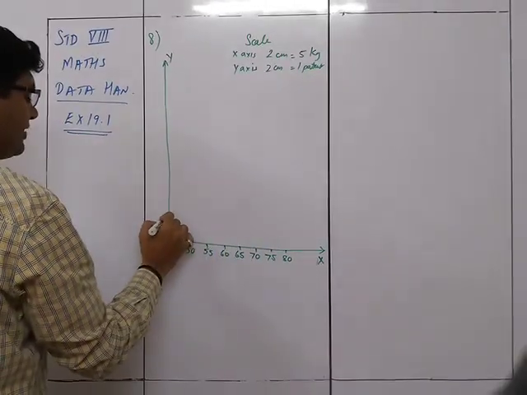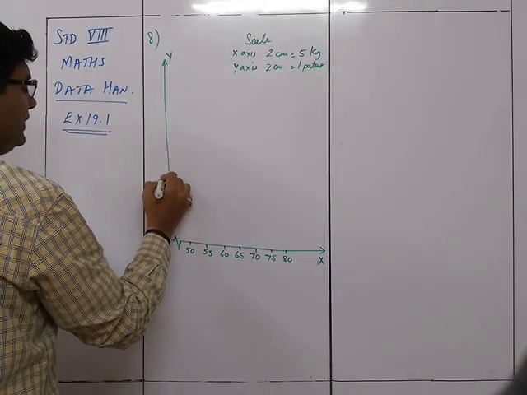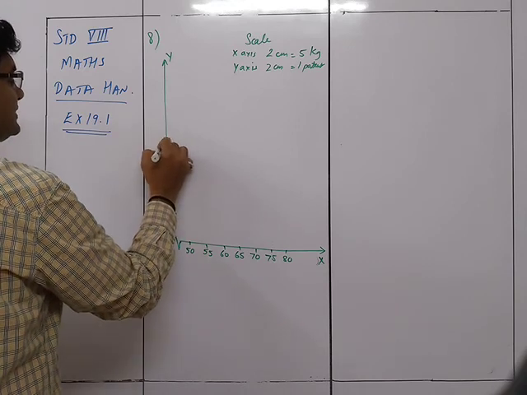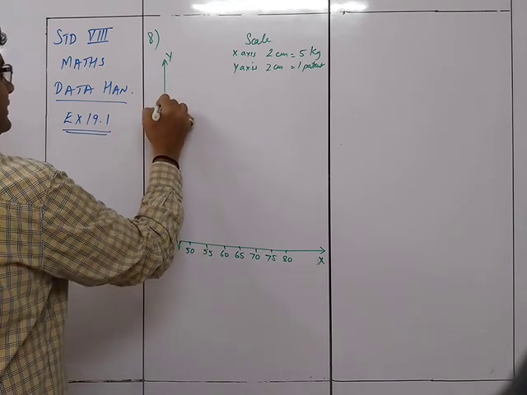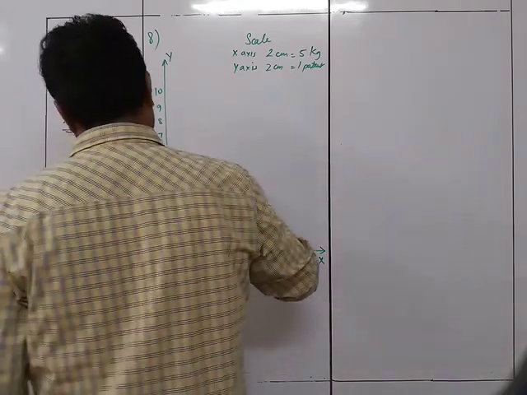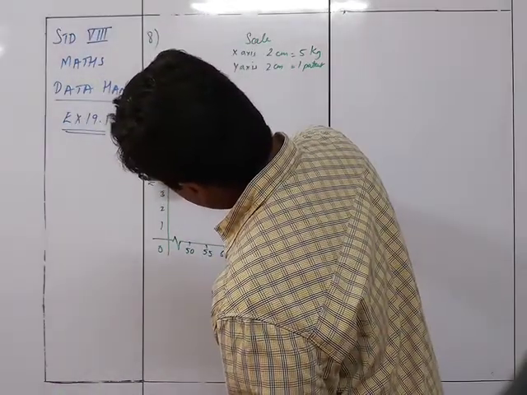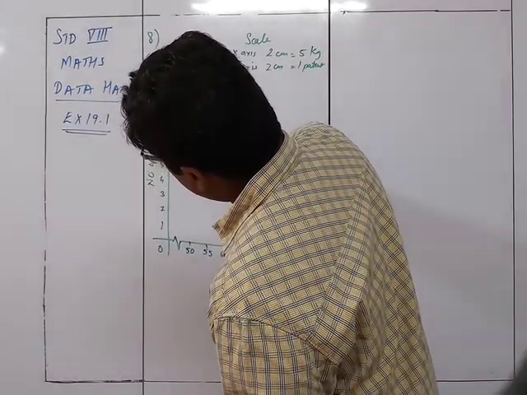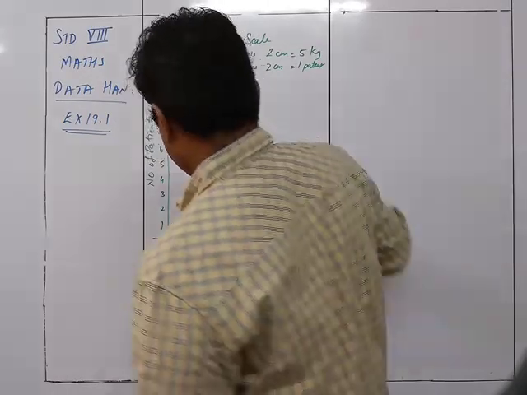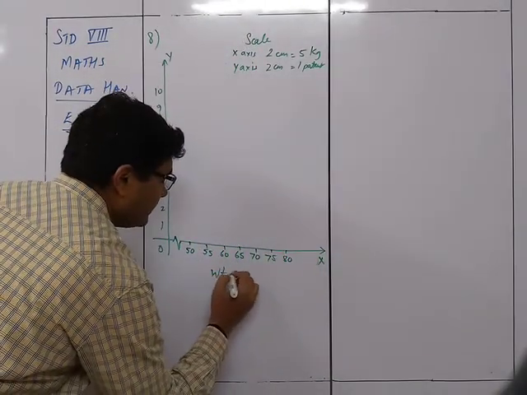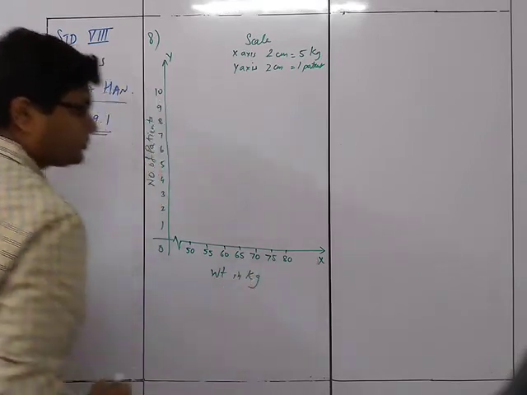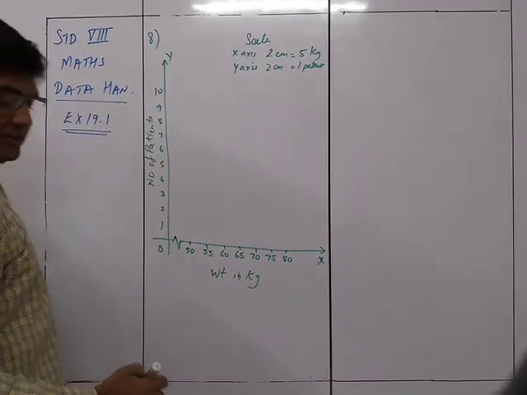So over here we'll be having 1, 2, 3, 4, 5, 6, 7, 8, 9 and 10. These are the number of patients. This is weight in kg. We start with the plotting now.